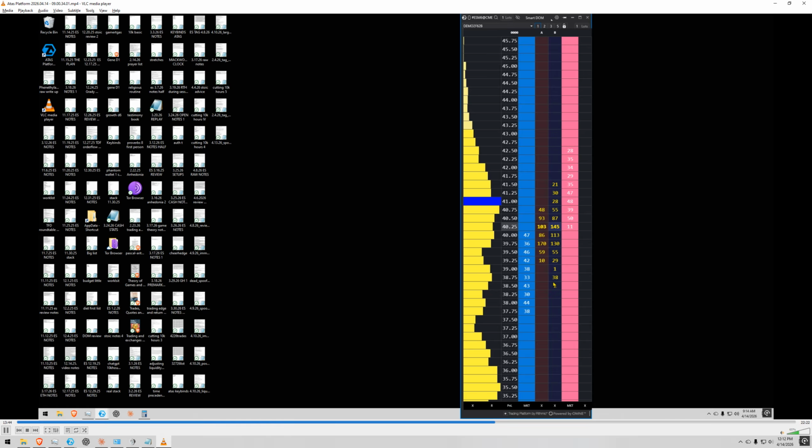So 40.25, I get out for two ticks, which is good. I got in on reversion on the absence of liquidity at 39.75.